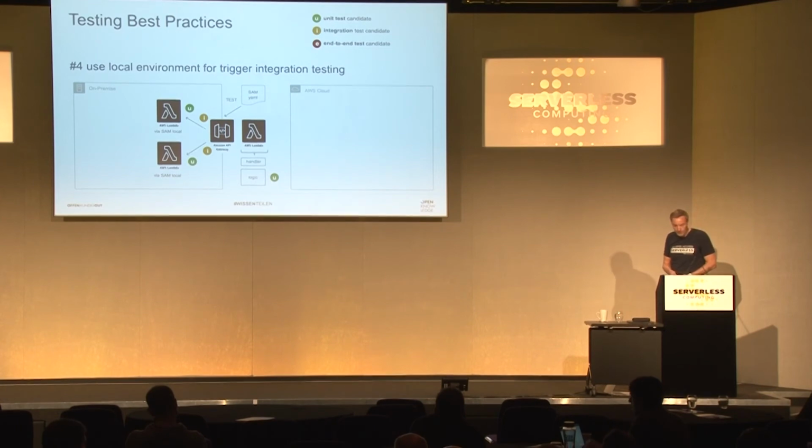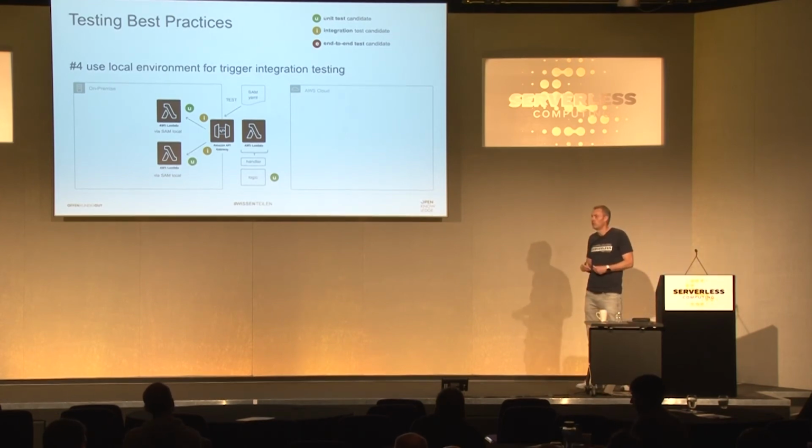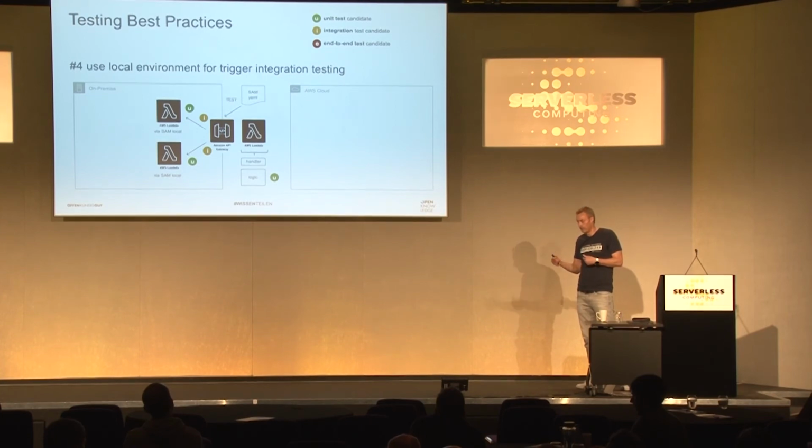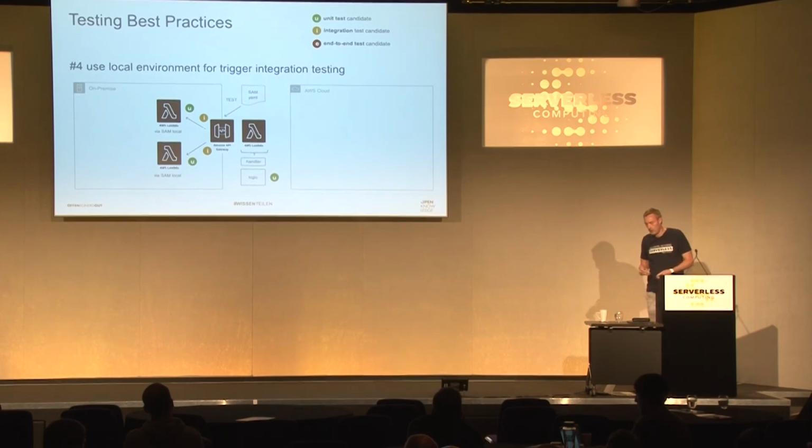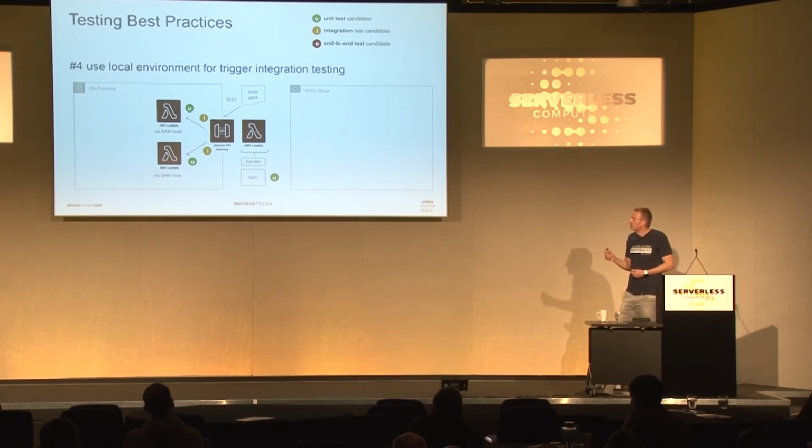So next, the problem is that normally you do not call the function directly, but via the API gateway, or via another component, for example the storage system or DynamoDB.